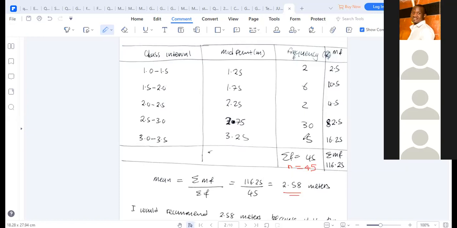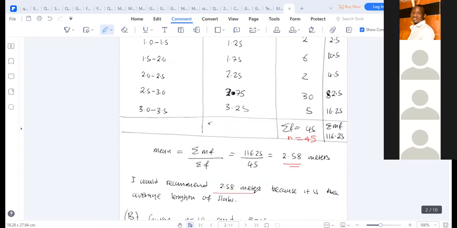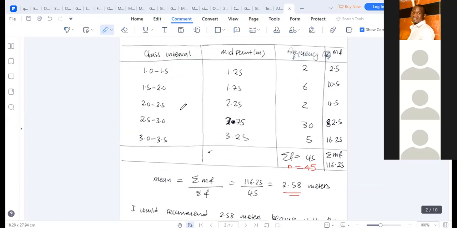This is the average. So that is the average you can recommend because that is even where most of the housewives will come from. So the average comes now to 2.58. 6 marks for that. Are we together?